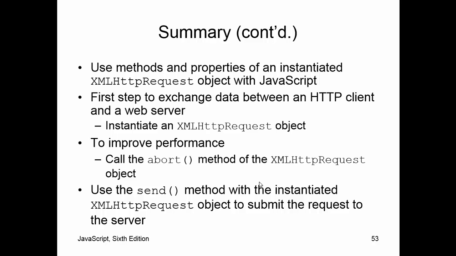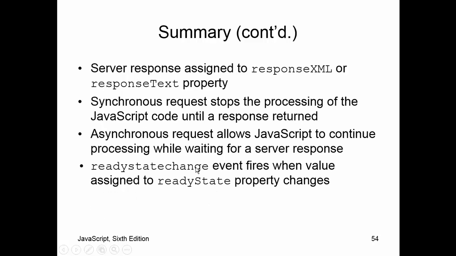The whole key to this, again, is the XMLHttpRequest object. The first step is to initiate the object. Use the send method to submit the request to the server. Grab what the server returns as either response XML or response text, and use that along with JavaScript.